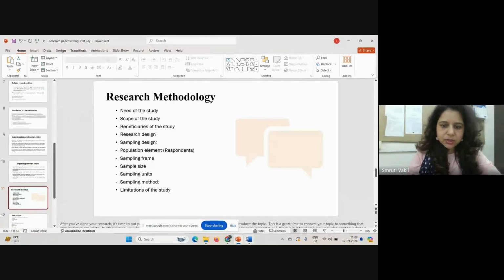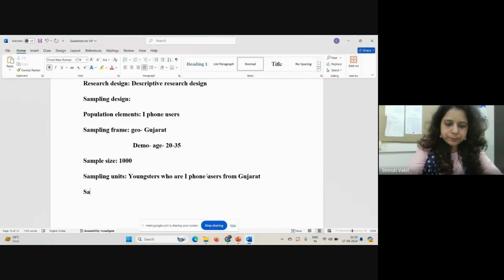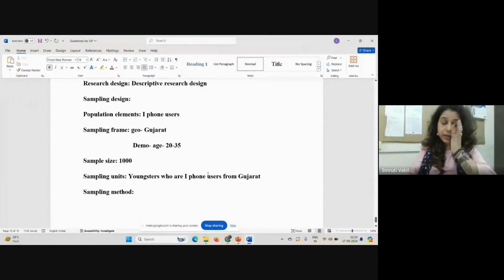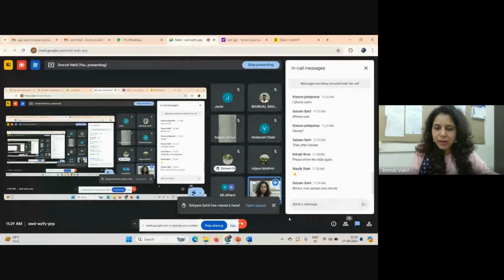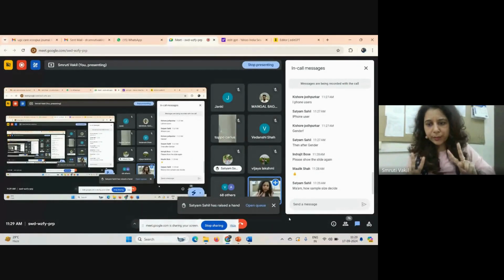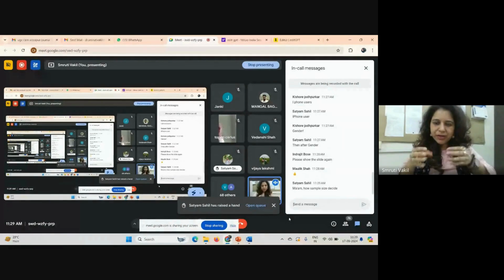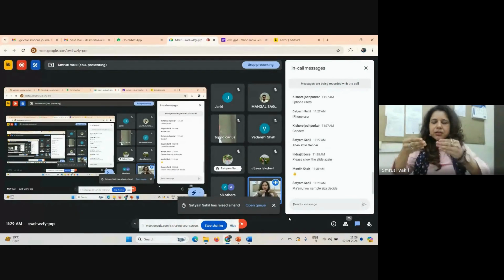Sampling method, yes. Now sampling method is a separate topic on which I can conduct a session, but right now, due to the time constraint, there are two types of sampling method. Sampling method means by which method you are selecting your samples out of your population.